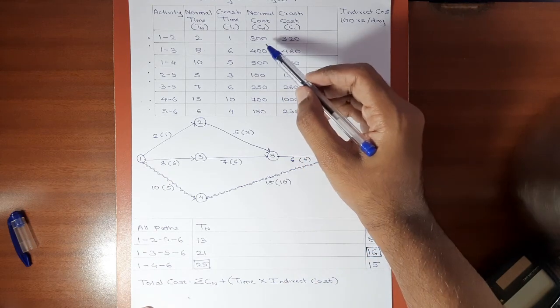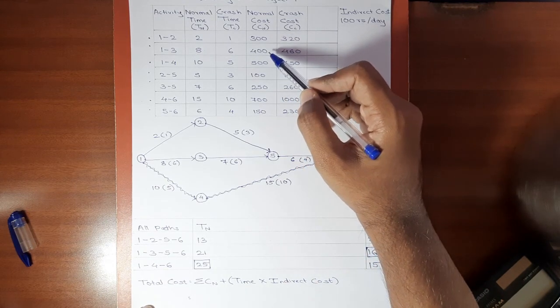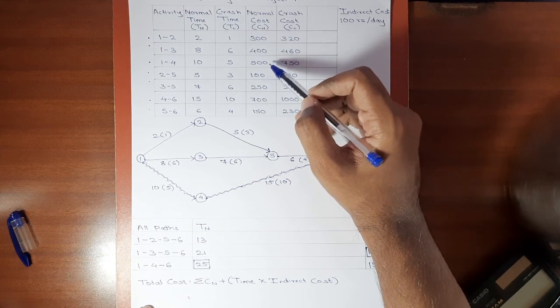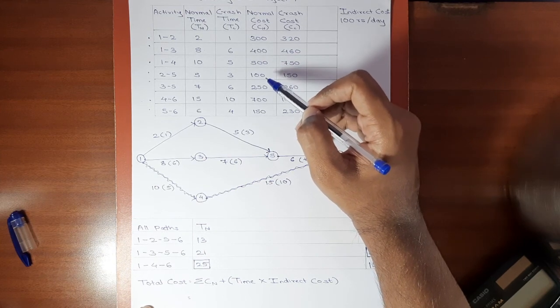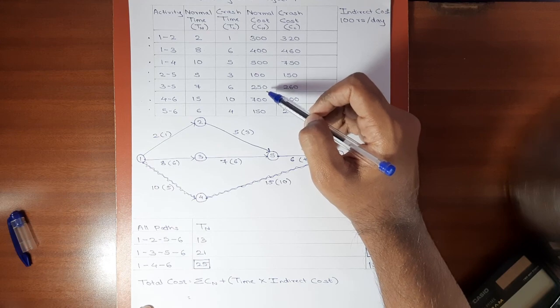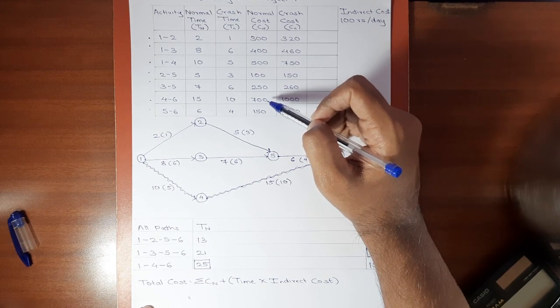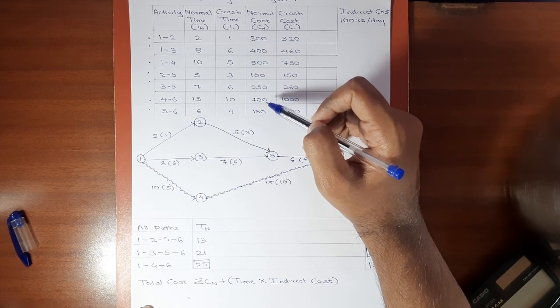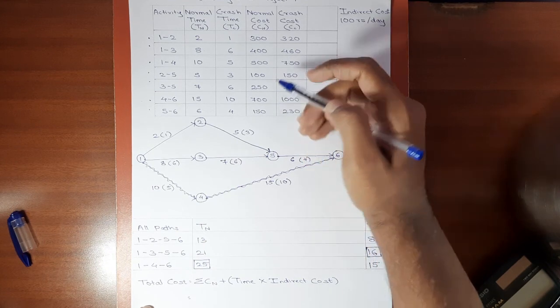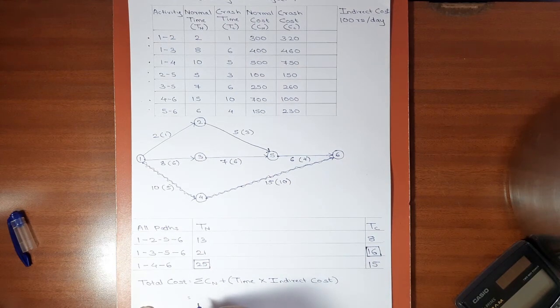So 300 plus 400 is 700, 700 plus 500 is 1200, 1200 plus 100 is 1300, 1300 plus 250 is 1550, 1550 plus 700 is 2250, 2250 plus 150 is 2400. So the total normal cost is 2400 plus.